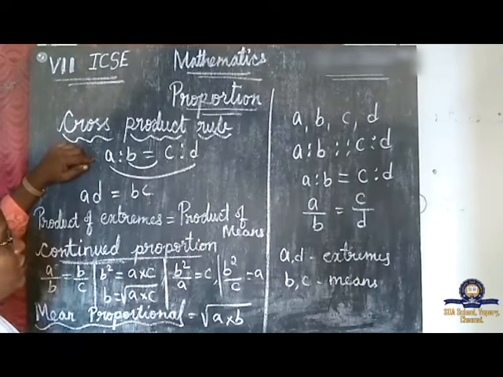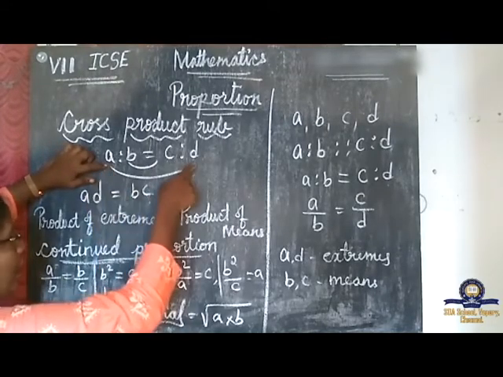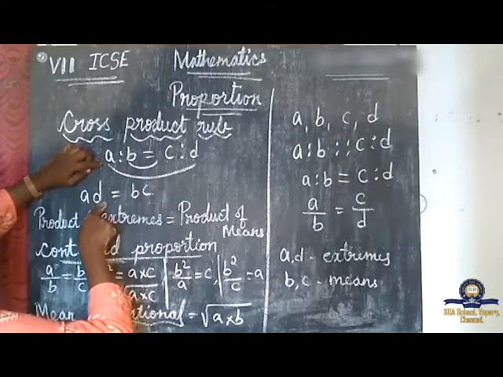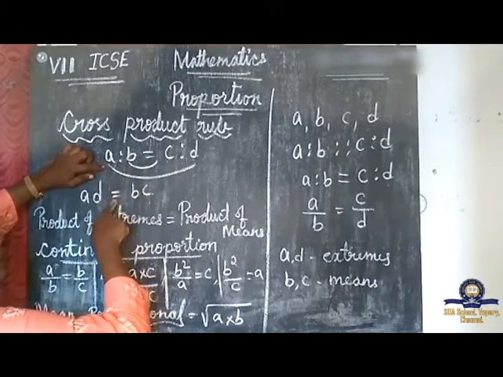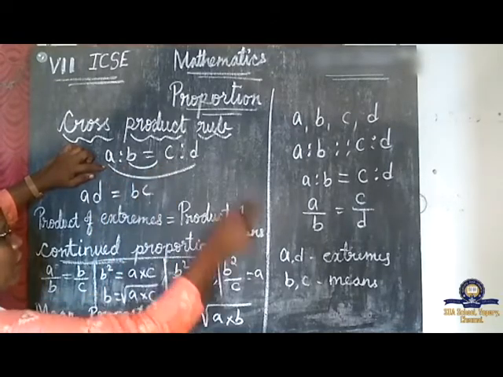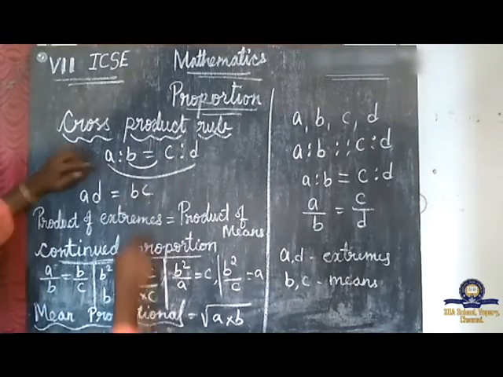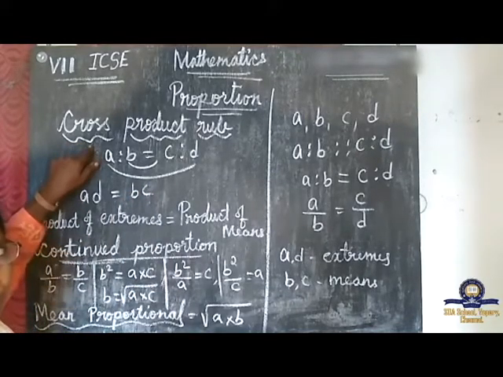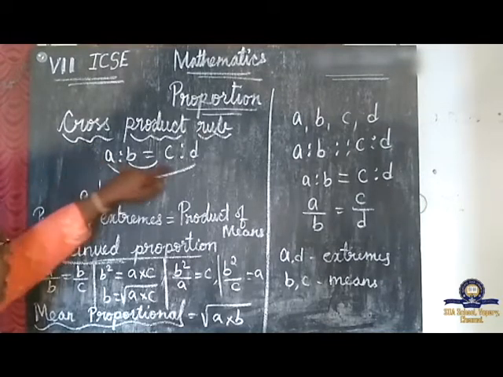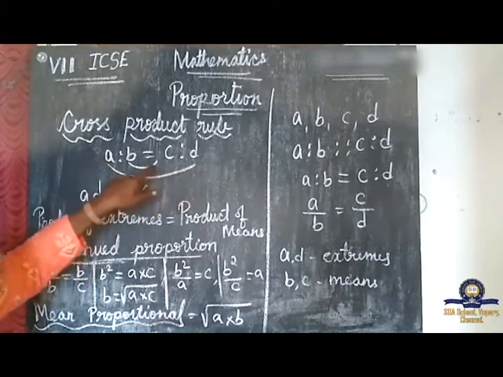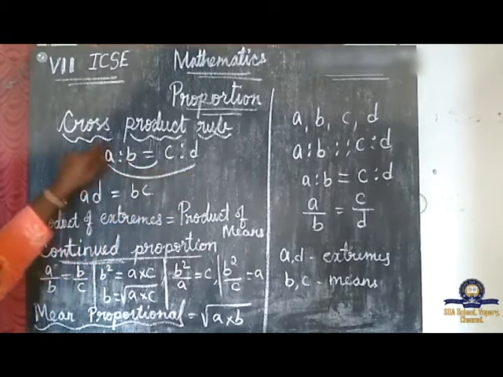Extremes are A and D, so the product of extremes is A into D, AD, which is equal to the product of means. Means are B and C, so the product of means is B into C. This is called the cross product rule. The product of extremes should be equal to the product of means.